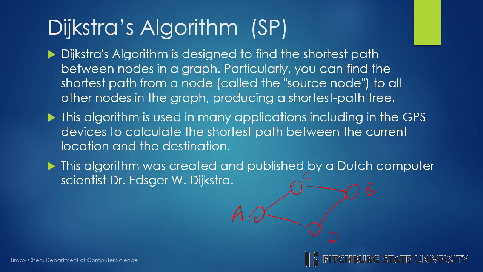Let's say each road has a different weight, say 2, 3, 1, and 1.5. You want the total cost to be the lowest, adding up all the links along the way.